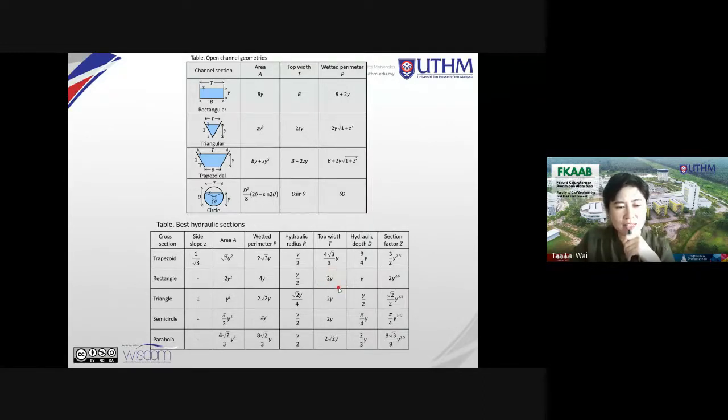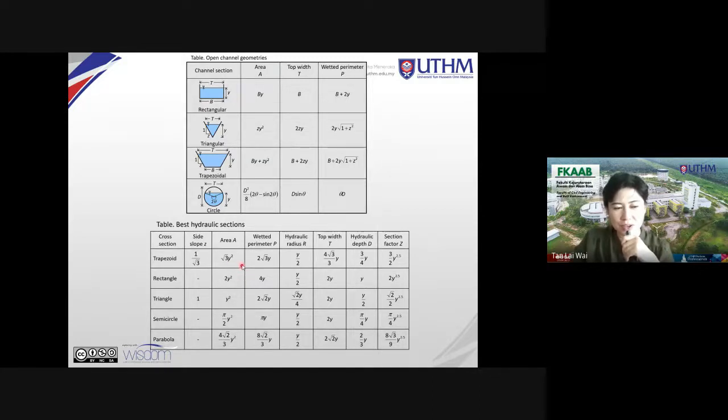Your B is equal to 2Y. And of course, once your B equals to 2Y, your wetted perimeter will be B plus 2Y, that means 2Y plus 2Y, which is 4Y. And your flow area is B times Y, so 2Y times Y, you'll get 2Y squared. So all this is when you set dP/dy equals to 0.